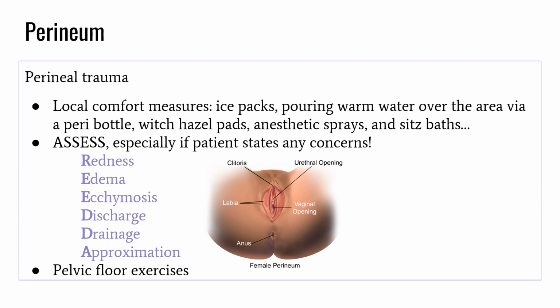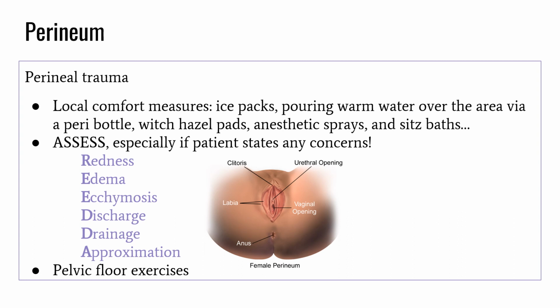Local comfort measures include ice packs, pouring warm water over the area with a peri bottle, witch hazel pads, anesthetic sprays, and sitz baths. I encourage you to allow privacy for your patients during this time, but also ensure they have no concerns.